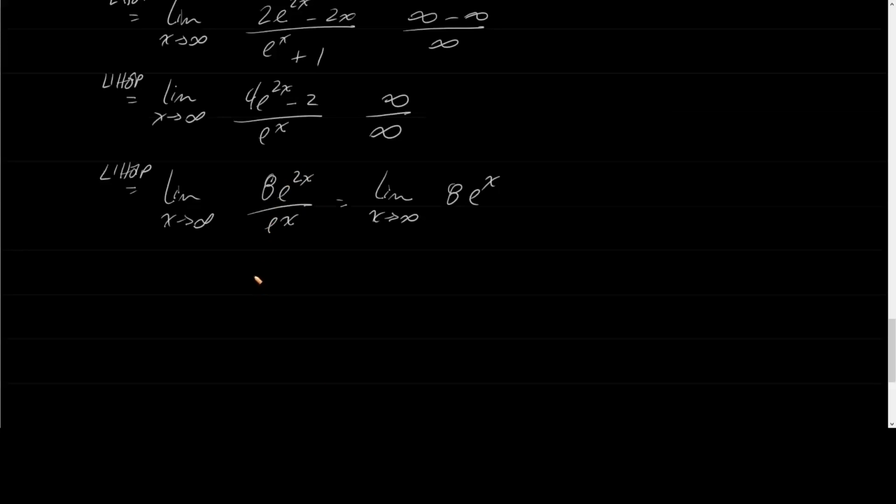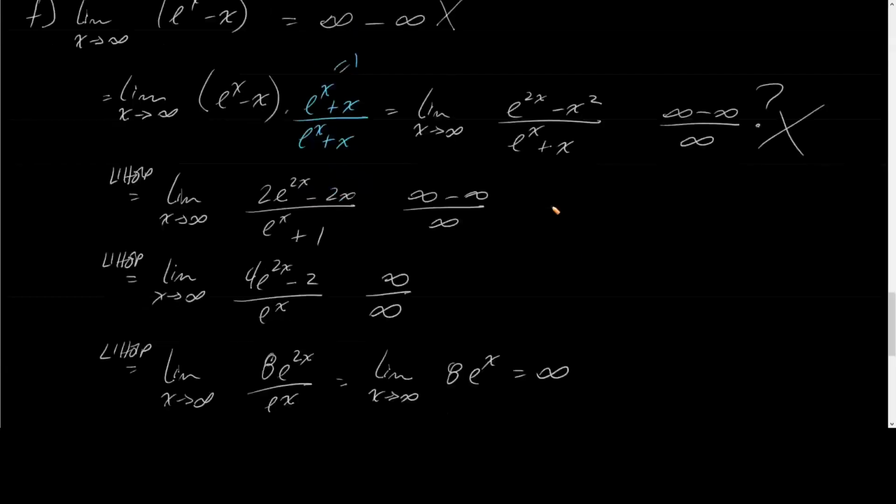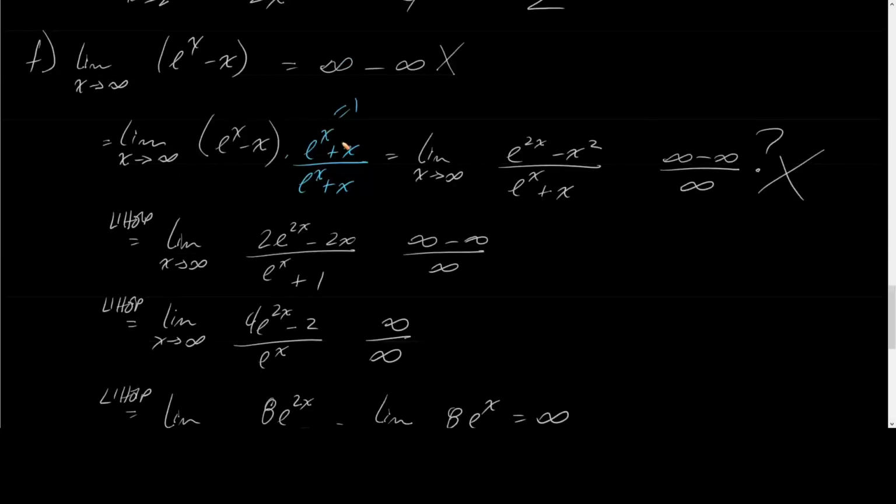And now, at that point, plugging in infinity, I end up with infinity. There's nothing crazy about that. But what I mean is, this is not in indeterminate form. We know infinity is infinity. So a weird manipulation here of multiplying by 1, but also applying L'Hopital's rule consecutively.